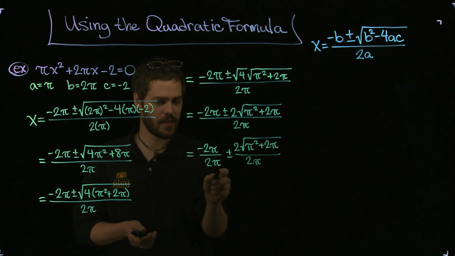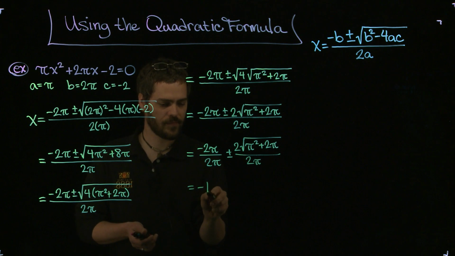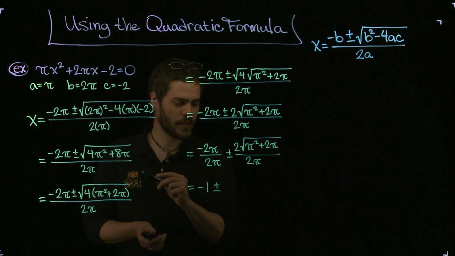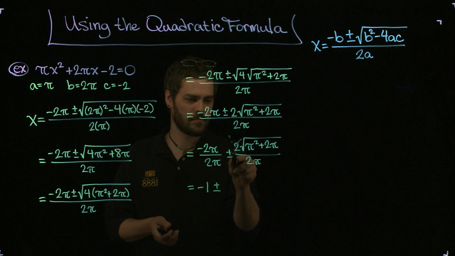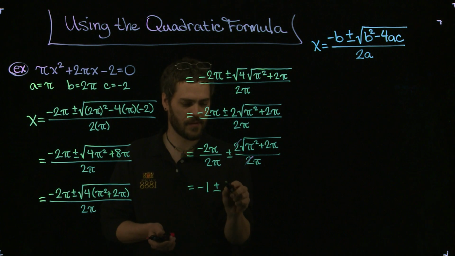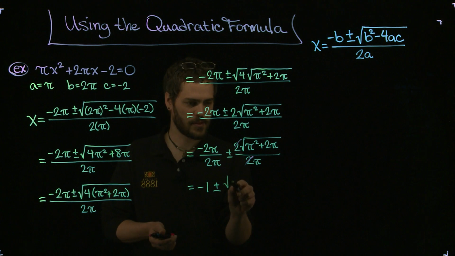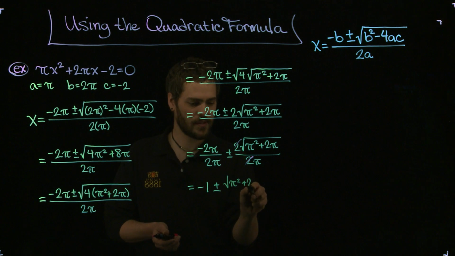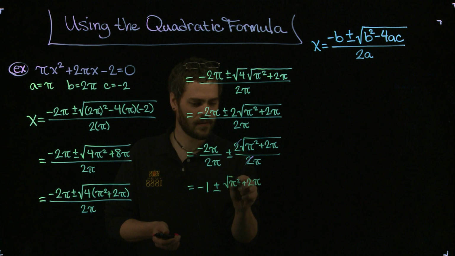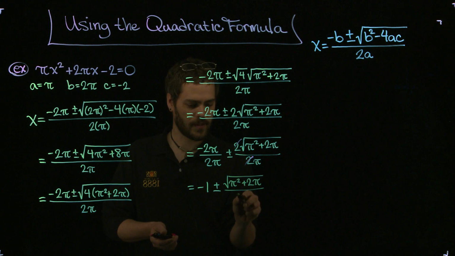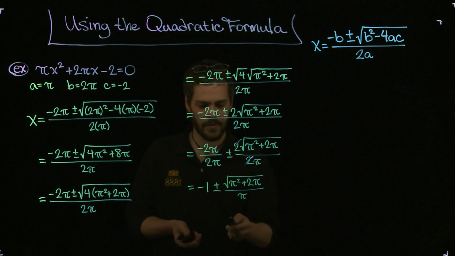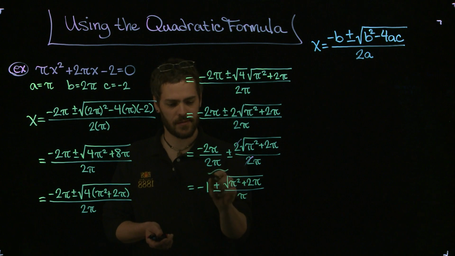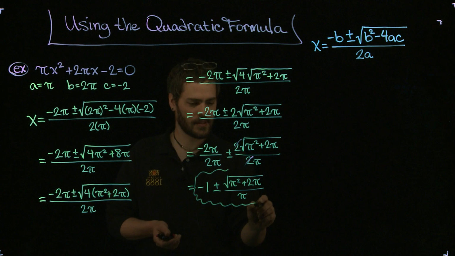And -2 pi over 2 pi, that just comes out to -1 plus or minus. These 2's cancel, so that I'm just left with the fraction with the root of pi squared plus 2 pi on top, all over pi. Okay, and you can approximate from here. These are the exact solutions. Put a little squiggly around that.